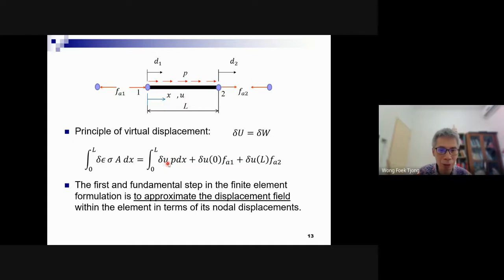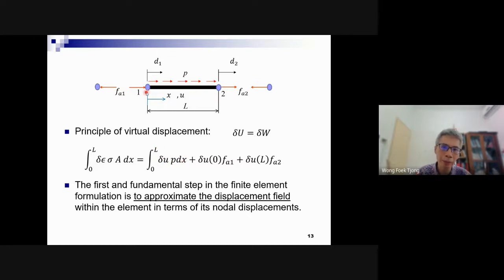Basically, virtual work is virtual displacement times force, right? p dx is force, because p is force per unit length, and dx is the length of an infinitesimal part of the bar. We integrate, meaning we sum all of the virtual work along the bar.